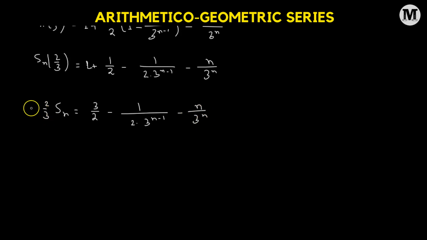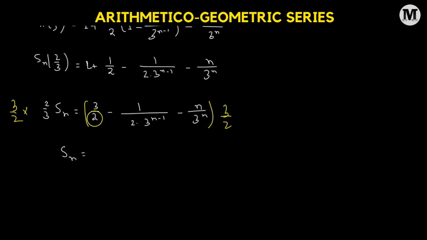We're going to multiply throughout with 3/2. So we are going to multiply 3/2 with each term on the right hand side as well. This is done so that we can get rid of this coefficient 2/3 of Sn, and that's going to give us the sum to n terms Sn.